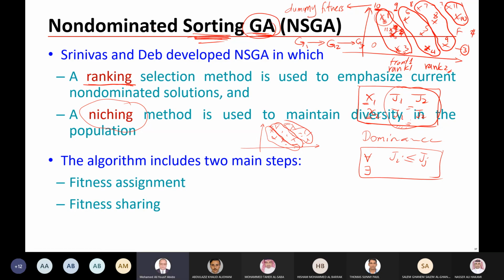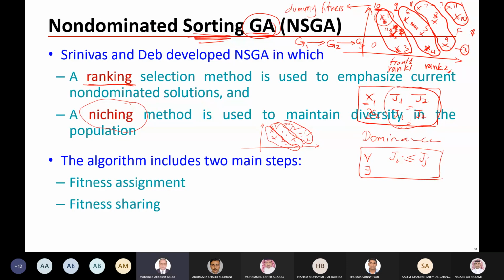If you have an area where the solutions are very crowded, you have so many solutions here, and you assigned 9 as a dummy fitness for all the solutions in this front.